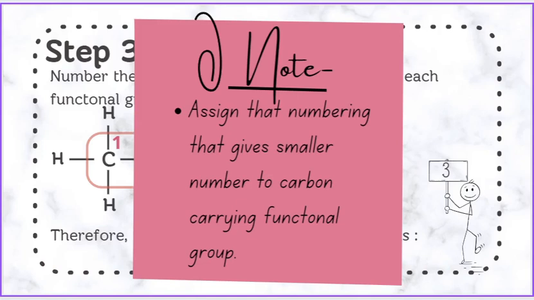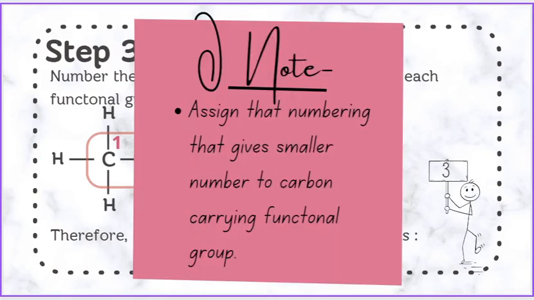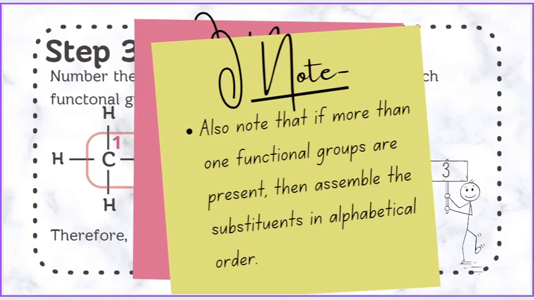It was the second from the left and fourth from the right, but as 2 is lesser than 4, we'll make sure to use the second one. So that's why the name here will be 2-chloropentane. Also, one more note: if there is more than one functional group, then assemble the substituents in alphabetical order.